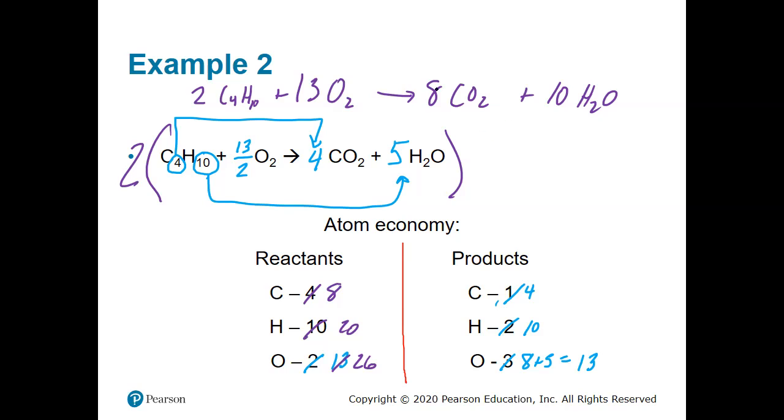On the product side, I have 8 carbons and 16 oxygens. And I have 10 times 2 for 20 hydrogens and 10 times 1 for 10 oxygen. 16 plus 10 gives me 26 oxygens in total.